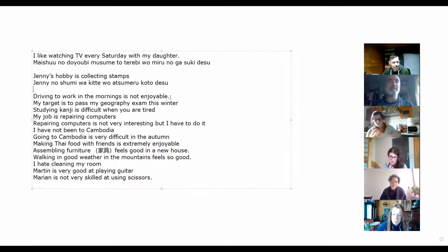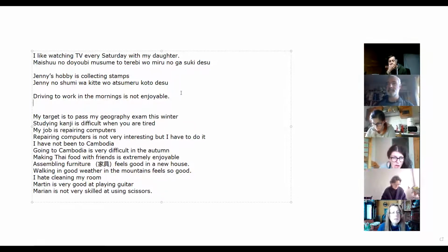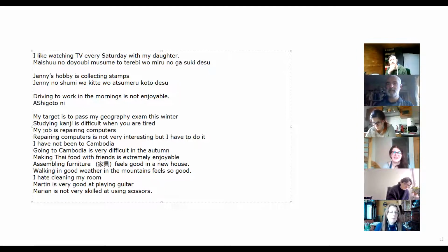Good. Effie, driving to work in the mornings is not enjoyable. Shigoto ni. Wait, I'll start with it in the mornings, actually. Asa ni. Yeah, good. Shigoto. Should I put ni or e or something else now? This is fine.